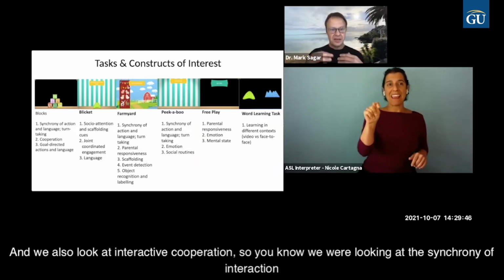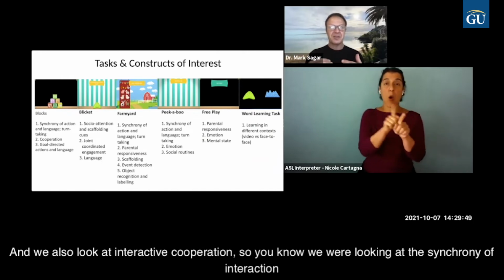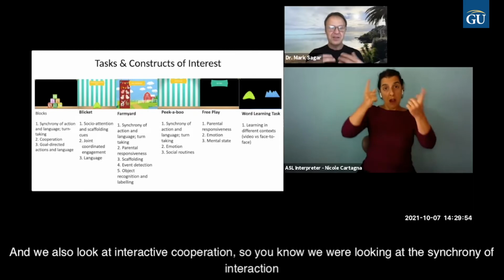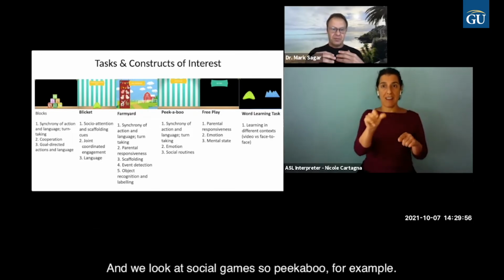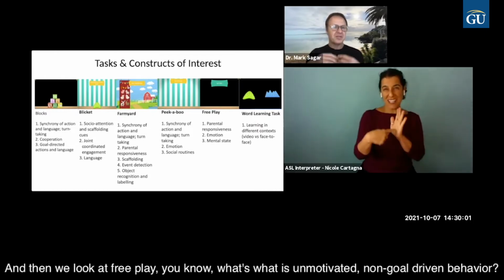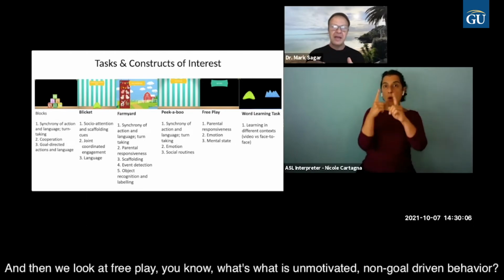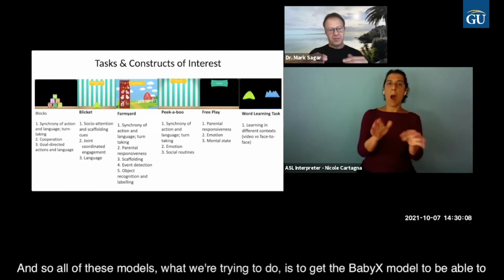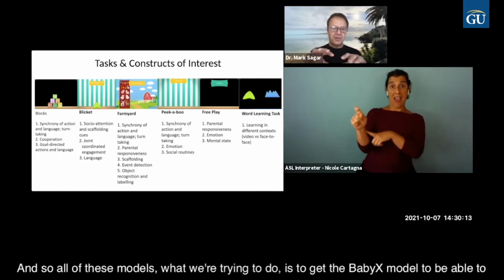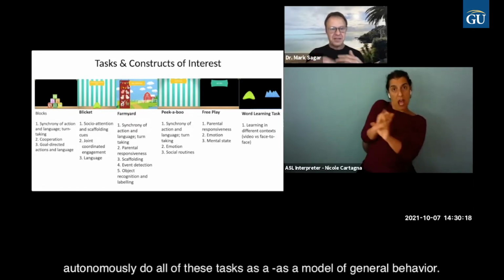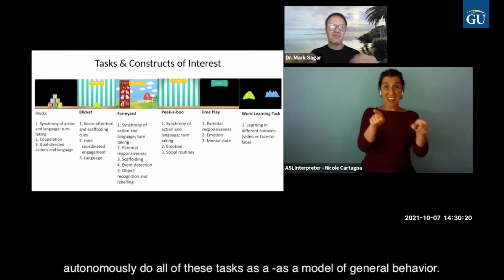We also look at interactive cooperation, so we were looking at the synchrony of interaction, and we look at social games, peekaboo for example. And then we look at free play, which is unmotivated, non-goal driven behavior. With all of these, what we're trying to do is get the Baby X model to be able to autonomously do all of these tasks as a model of general behavior.